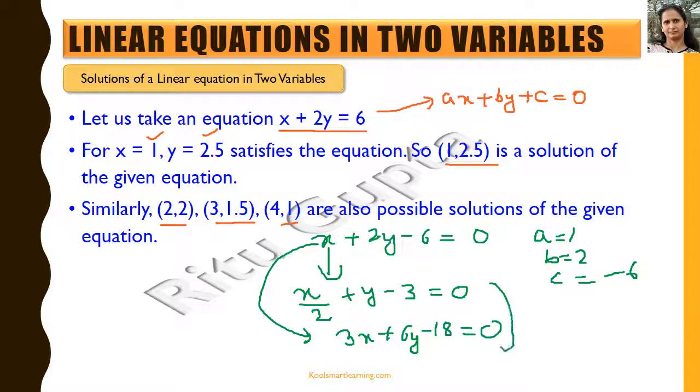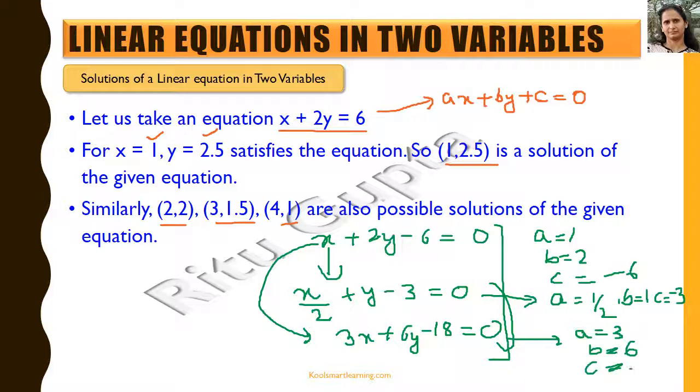So all these necessarily represent the same linear equation in two variables, but we can put them differently, hence getting different values of a, b and c. In the second case we get a is equal to half, b is equal to 1 and c is equal to minus 3. And in the last case we get a is equal to 3, b equal to 6 and c equal to minus 18.